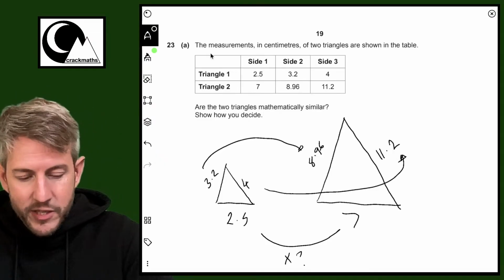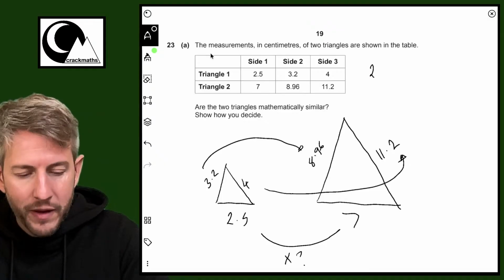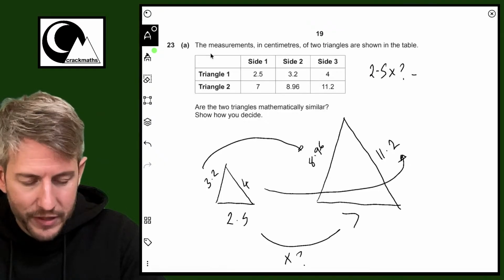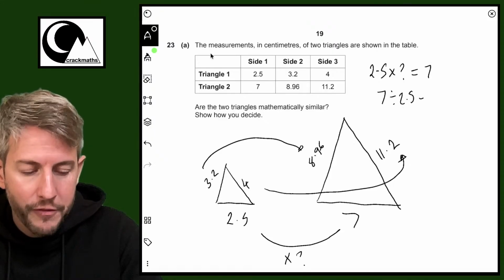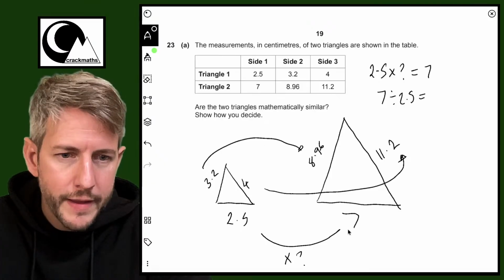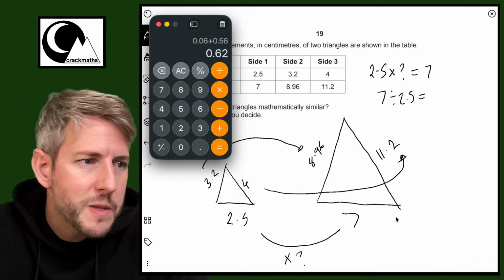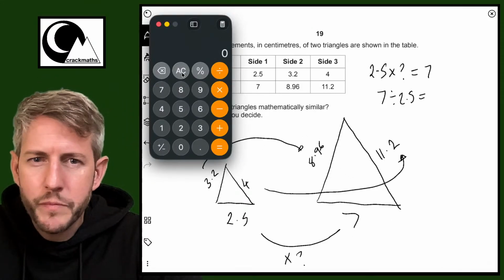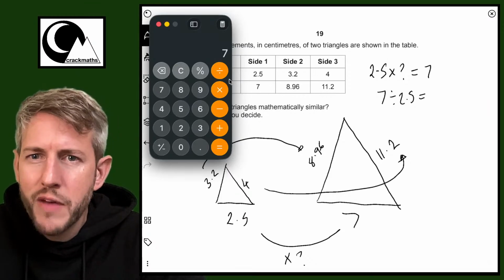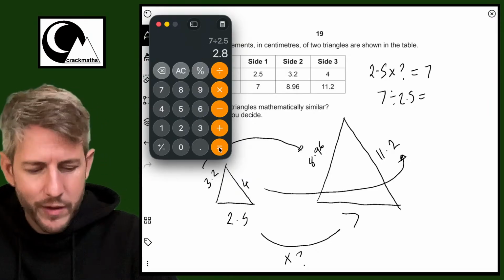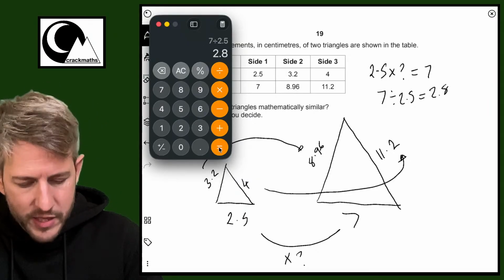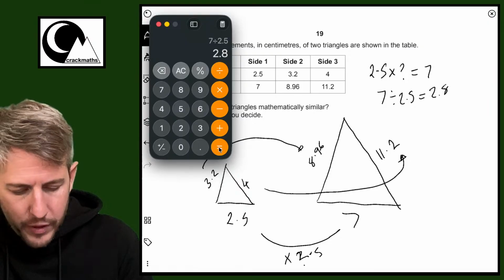So I've got to think about 2.5 times something equals 7. So I'm going to do 7 divided by 2.5 to find out what that is. Let's pull out the calculator. 7 divided by 2.5 equals 2.8. So this one is multiplied by 2.8.